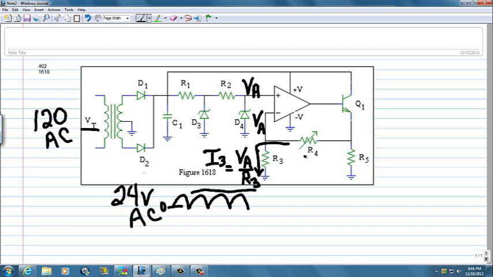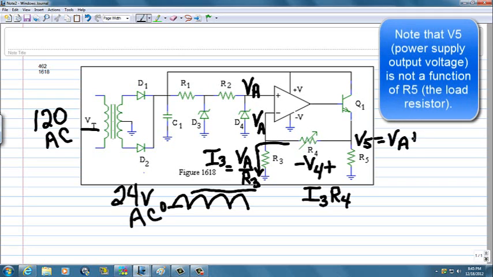Therefore, the voltage across R4, positive on the high side, negative on the low side, will be equal to I3 times R4. Because we know the voltage at this point is VA, and there's a voltage rise across that resistor, then the voltage is V5 at that point. V5 is VA plus V4.